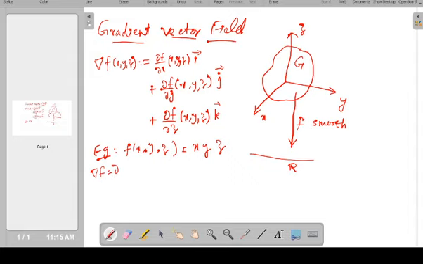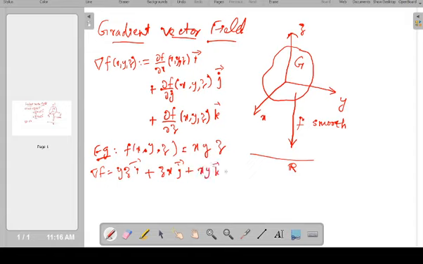It is yz. yz into vector i plus, what is dou f by dou y? It is zx. zx into vector j plus, what is dou f by dou z? It is xy. xy into vector k.